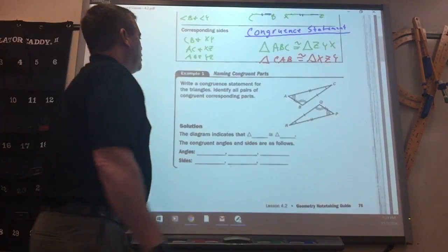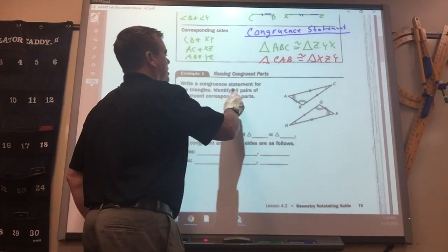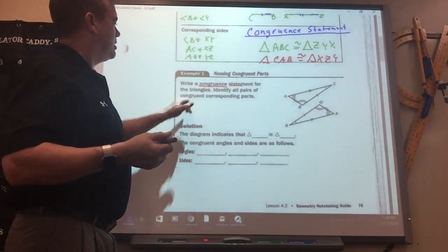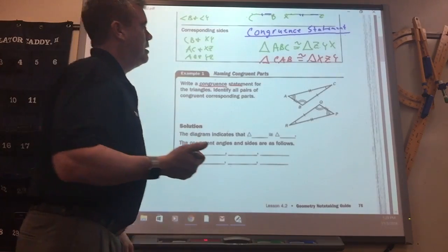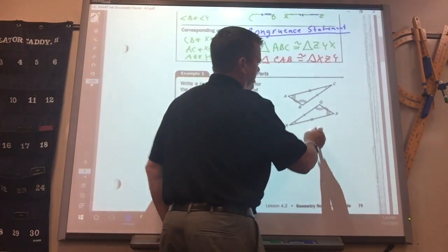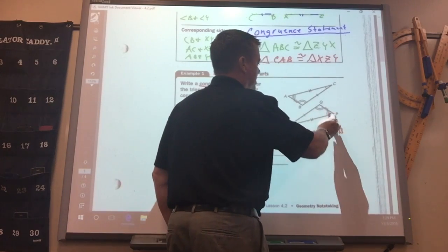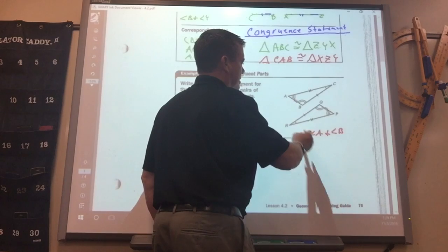So here, write a congruent statement for the triangles. Identify all pairs of congruent corresponding parts. So the congruent parts are angle A and angle P, because this has 3 marks in it and so does that.